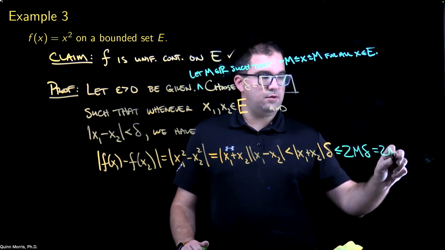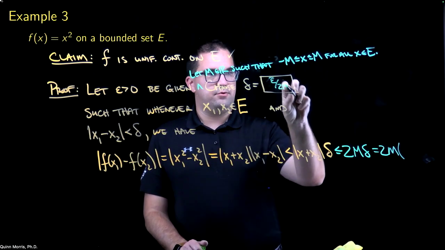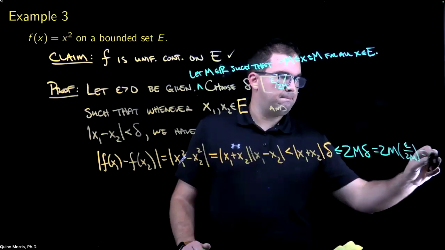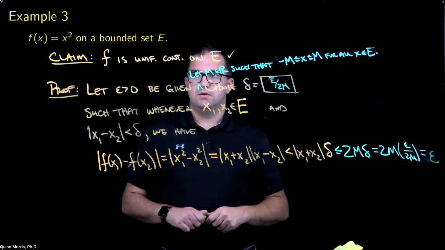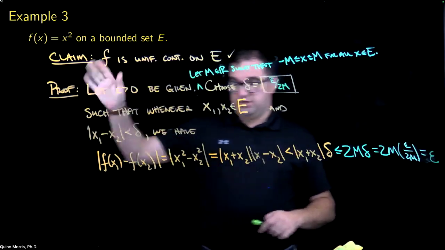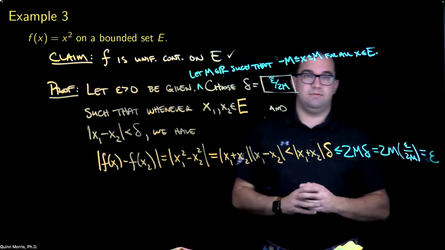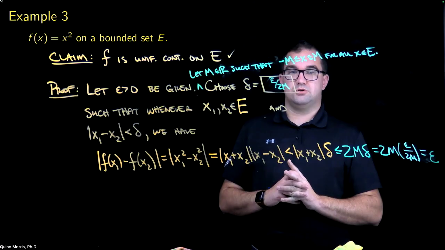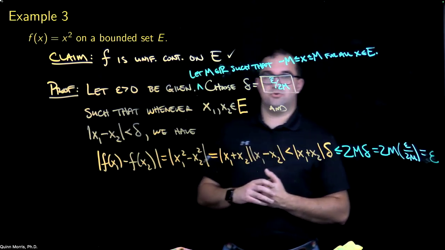And in this case, I will simply choose my delta to be epsilon over 2 capital M, which will still give me epsilon. So again, even in this bounded case, I don't actually need the closed bit here. As long as my subset of my domain is bounded, I can show that this function is uniformly continuous.